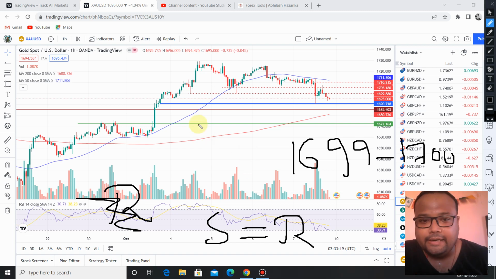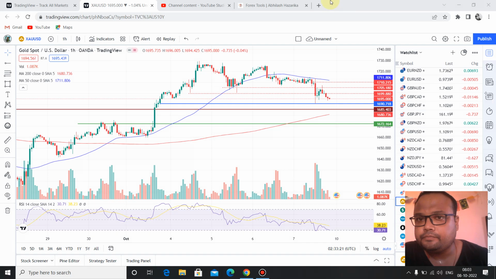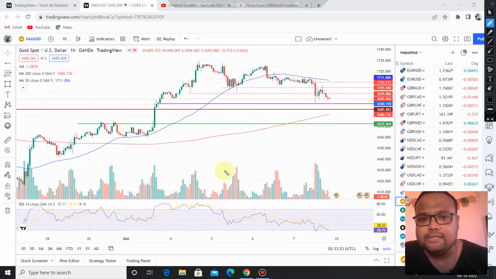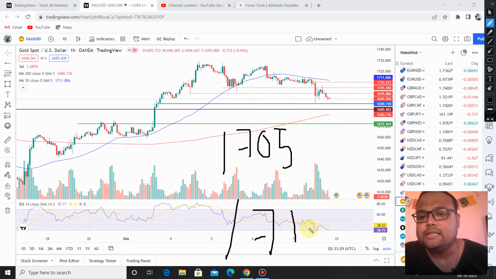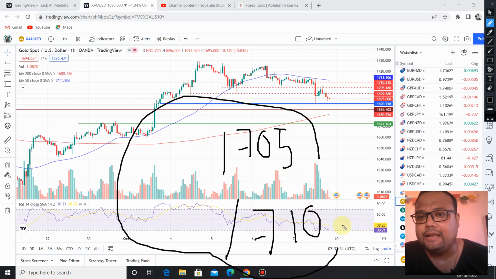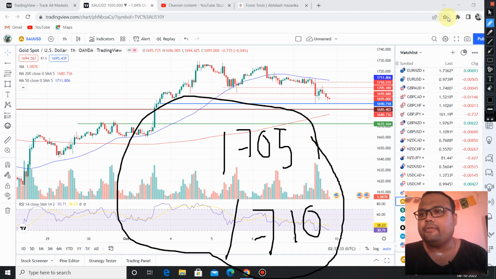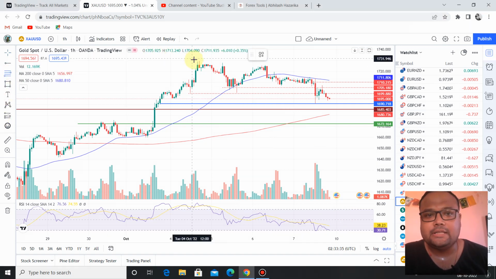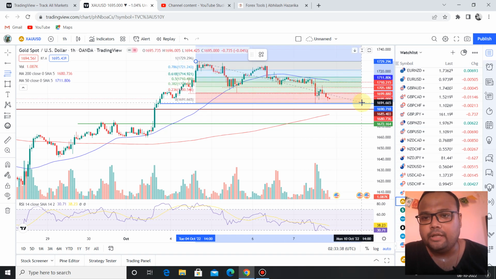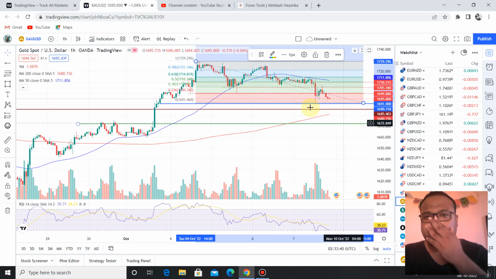And then we have 1705 as the second resistance, and the third resistance around the 1710 level. We have derived all these levels mainly from Fibonacci.